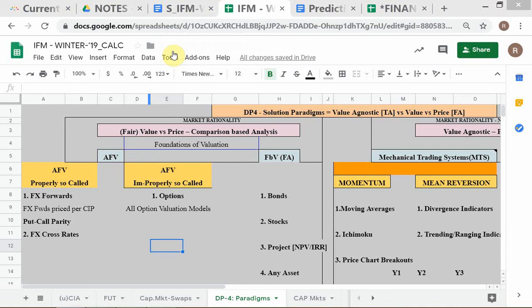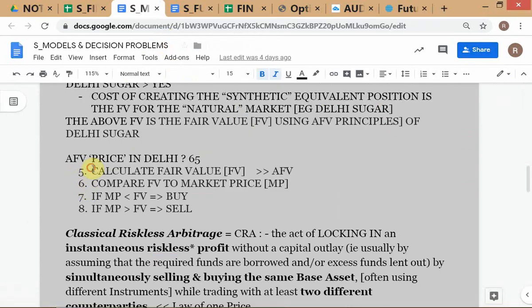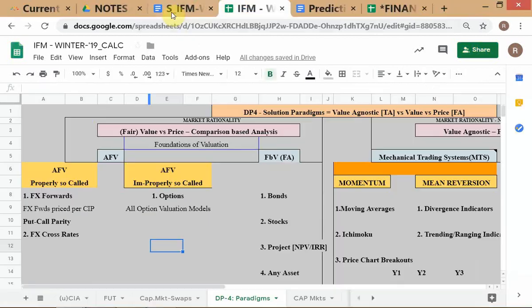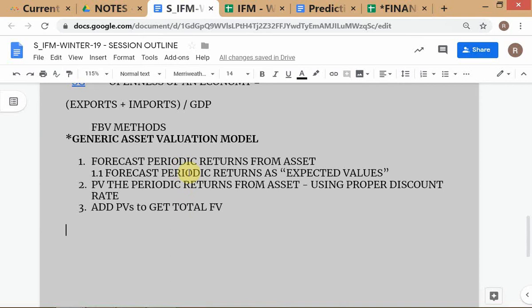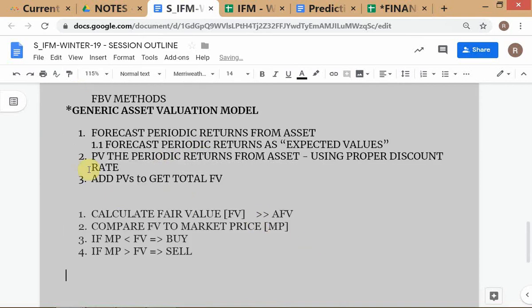We are using this general framework where we calculate the fair value. I'm just going to copy this once again and put it into your notes at this point. Here we are using these steps.